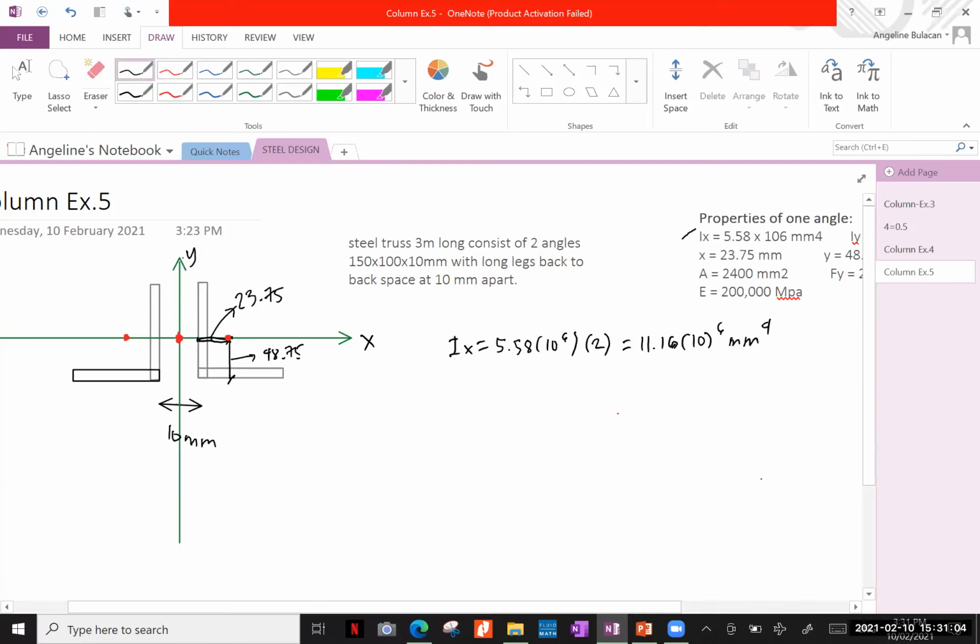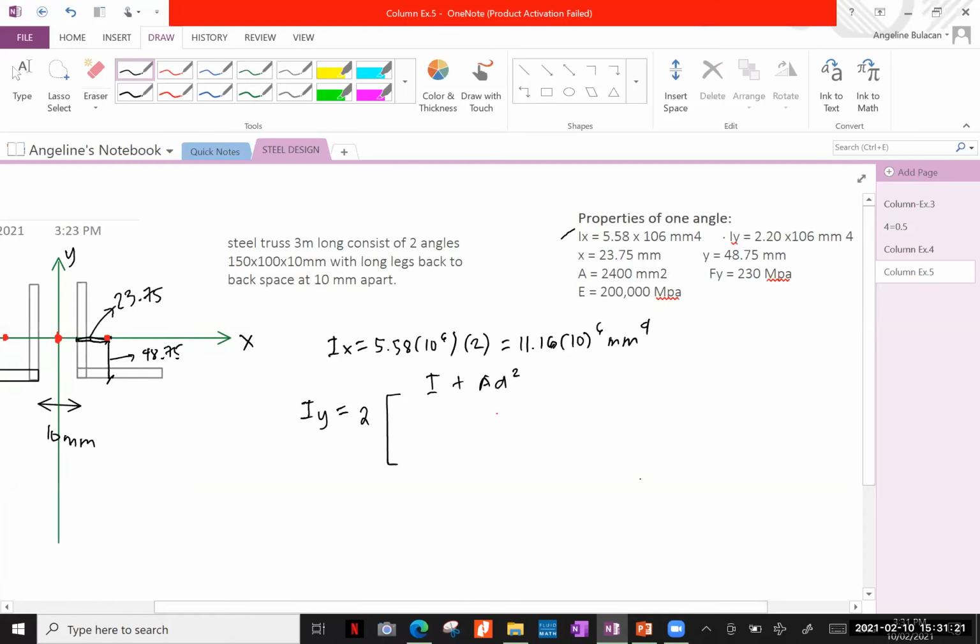So, sulat natin. So, Iy. Multiply ko na lang sa 2 since parehas lang naman sila. So, 2 times, again, transfer equation I plus A d squared. Now, Iy nila is given din sa section property. Ito siya. So, we have 2.20 times 10 raised to 6 plus the area. Given din, ito, plus 2,400.